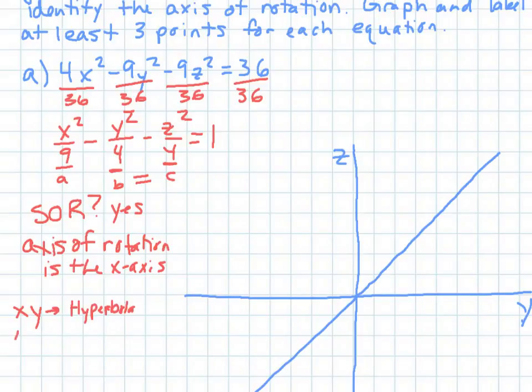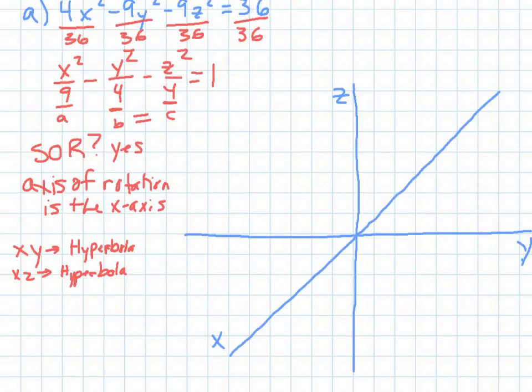Okay, for the xz plane, do the same thing, cover up the y, so that would also be a hyperbola. And then for the yz plane, I would cover up the x, and then here, because you have a negative and a negative, that doesn't fit into anything for 2D, because you can't have two negatives, so that would actually be one of our degenerate cases.